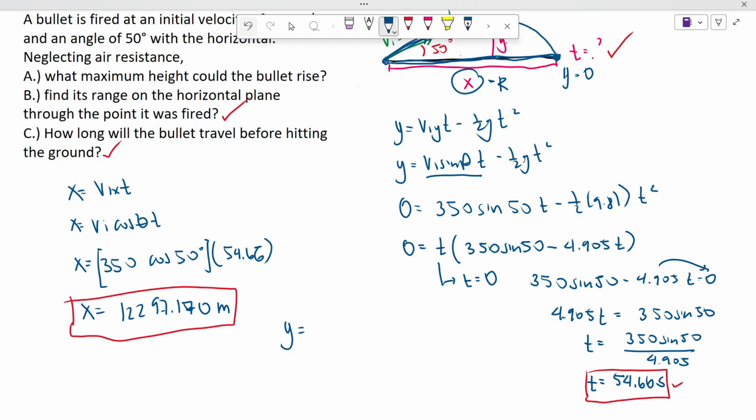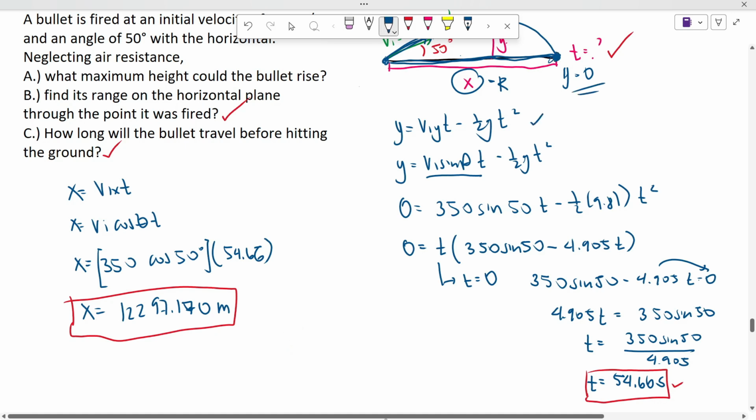Pero ang makukuha natin dyan guys is wait. 350 sine of 50, 54.66 minus 1 half of 9.81. Ang makukuha nating height dyan guys, pag itong ginamit natin formula is the final height dito sa dulo which is 0.